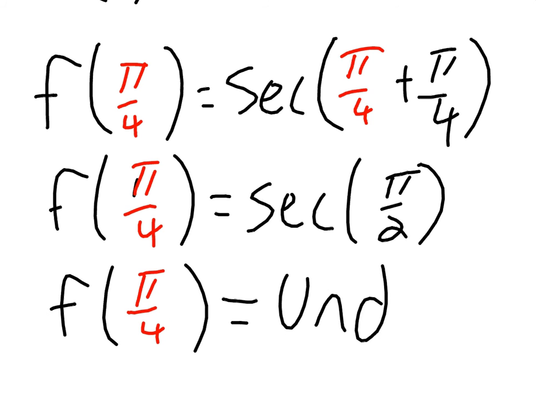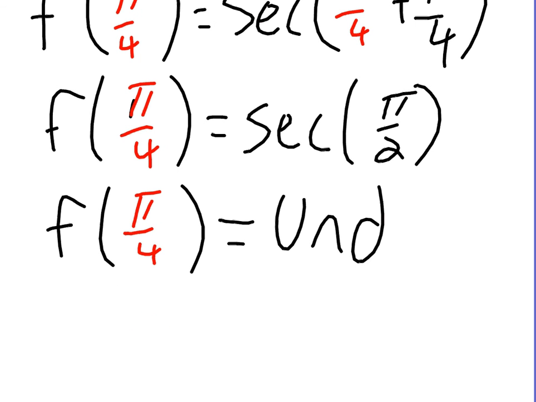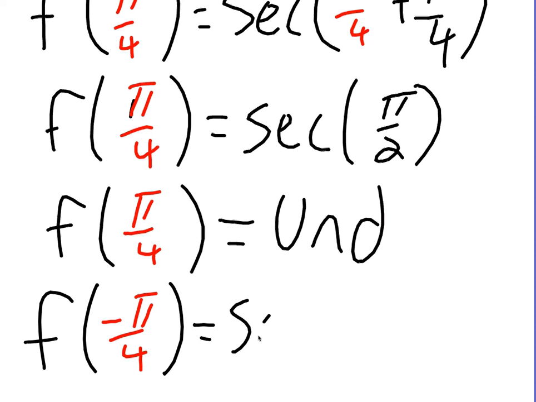Okay, so let's do f of negative pi over 4, right? We'll be plugging that into the original function because we have to show f of negative x and f of x are not equal to each other.